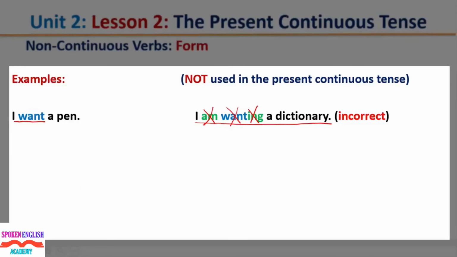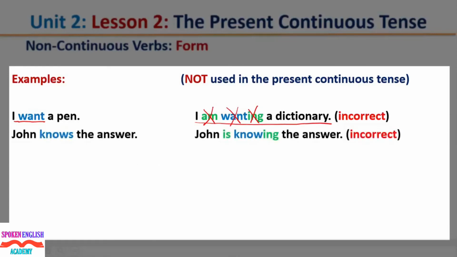Another example. John knows the answer. Again, the verb know here is a non-continuous verb. So this verb cannot be used in the present continuous tense. So again, this sentence is incorrect. Okay, it's wrong to say is knowing.